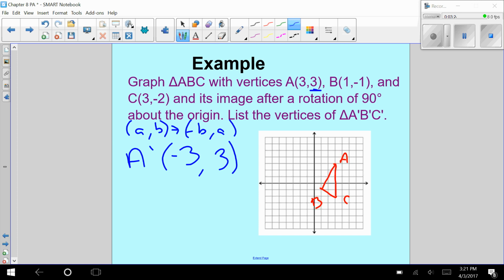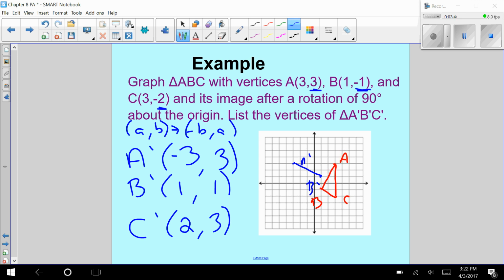So (-3, 3). So right there is A prime. B prime, this is my B right there, -1, so it becomes (1, 1). So there's B prime. And C prime, my B coordinate is -2, so it becomes its opposite, so (2, 3). And there's my image. Notice that it looks like it was turned 90 degrees about the origin.